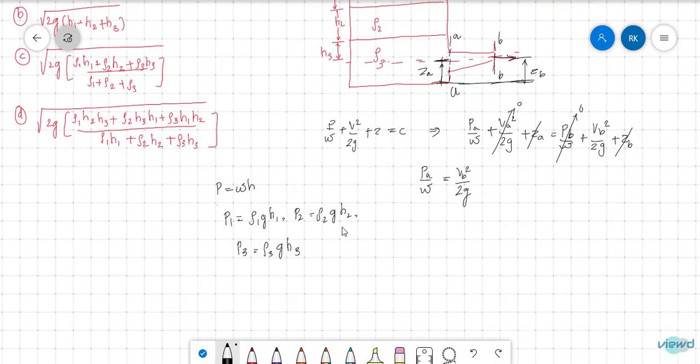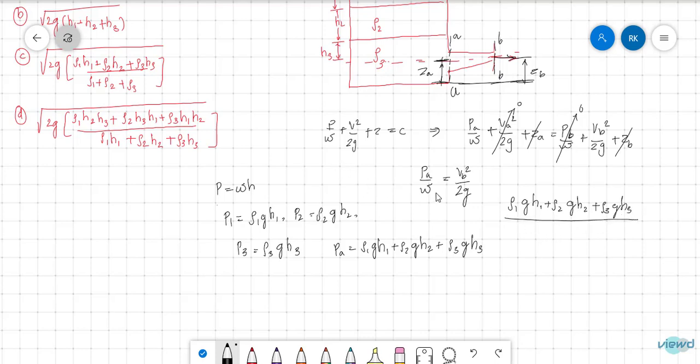So what is PA? PA is equal to all these pressures, rho 1 G H1 plus rho 2 G H2 plus rho 3 G H3.